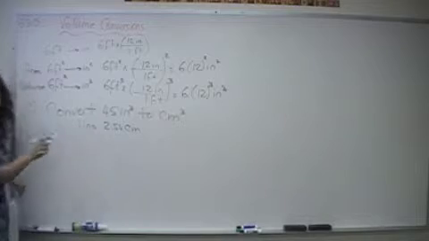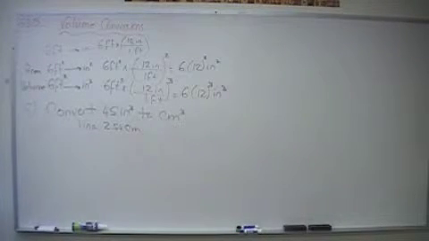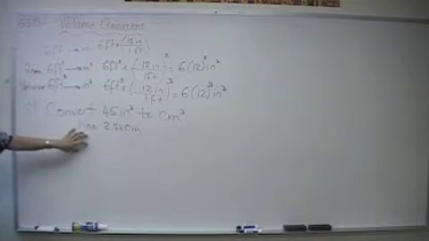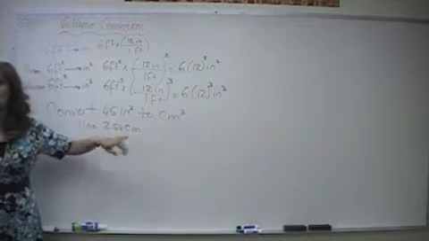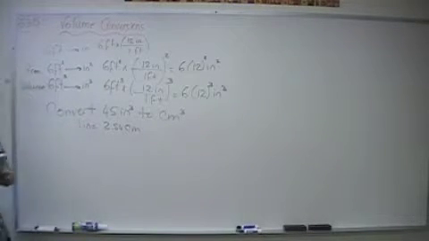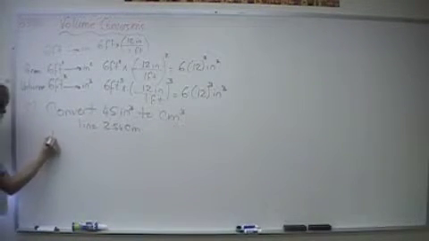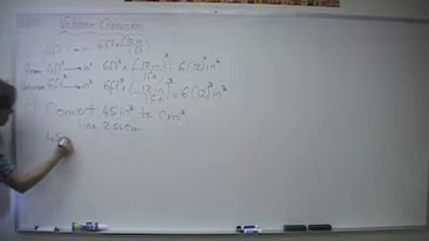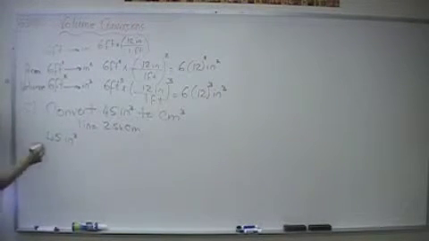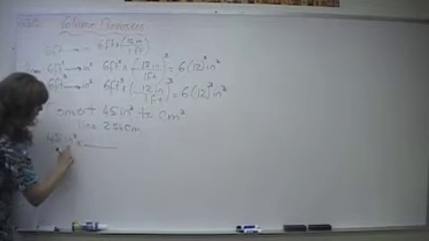This is a key unit here to go from the English system to the metric system. 1 inch equals 2.54. So I would start my work with 45 inch cubed times inch here.